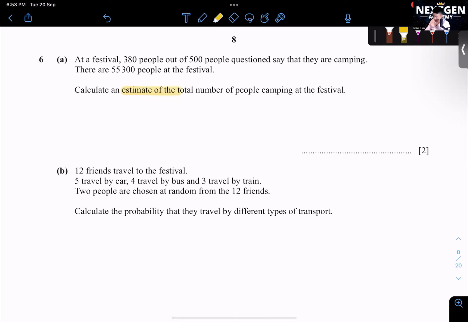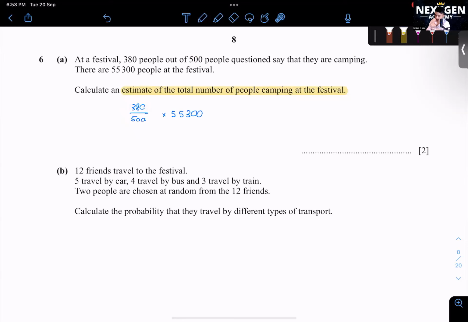Calculate an estimate of the number of people. You actually can just do 380 over 500 times 55,300. We are just finding the ratio of people that are camping. 500 people is everyone.